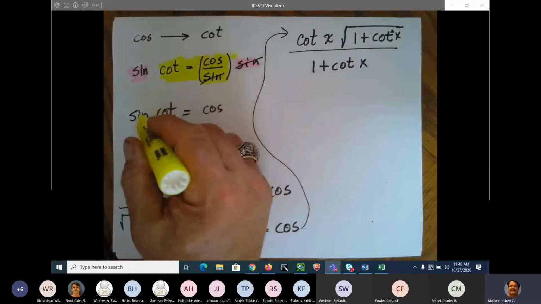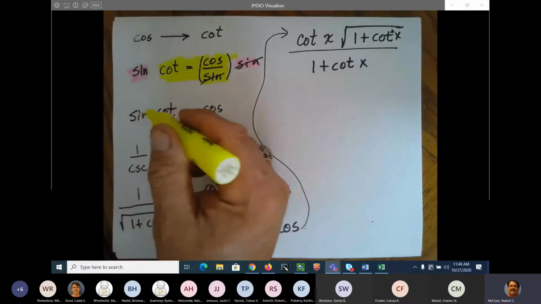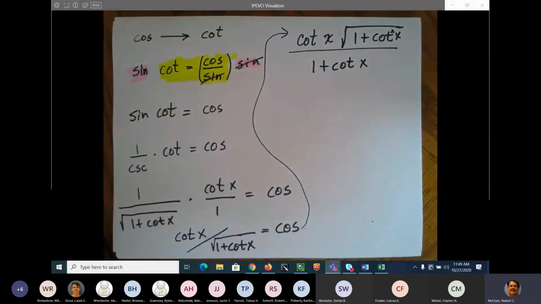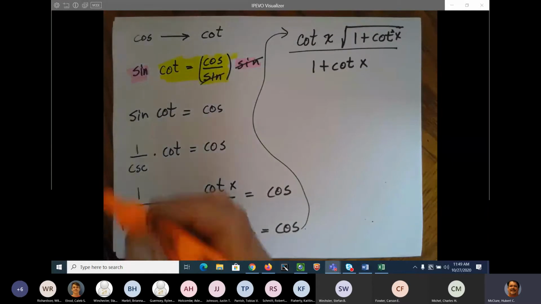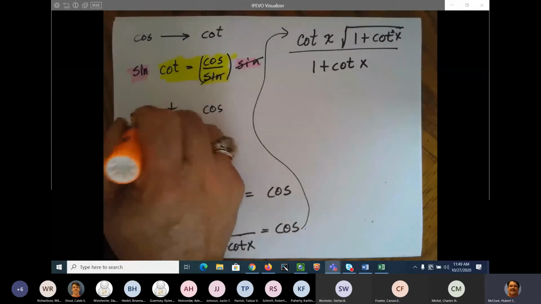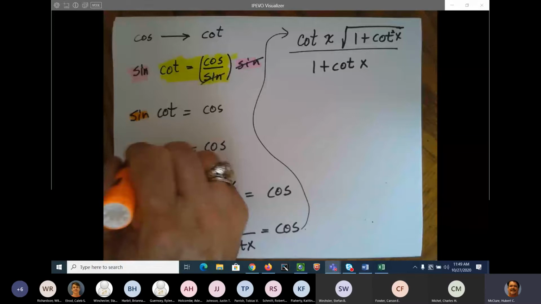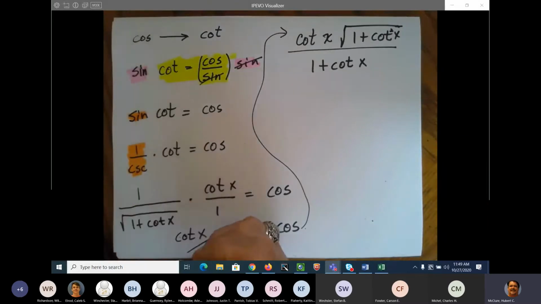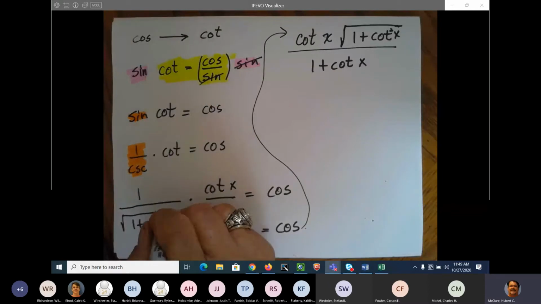Then I couldn't find a transition from sine to cotangent. So what I did is I switched the sine to 1 over the cosecant, because there is a relationship between the cosecant and the cotangent. And there it is right there. And that's supposed to be a square, sorry. Sometimes I forget to write stuff, I'm sorry.